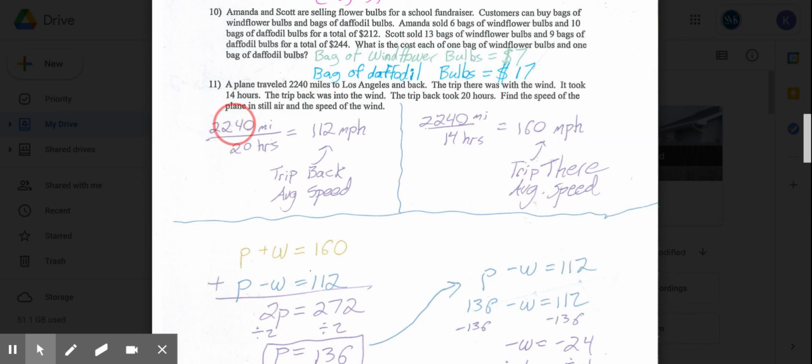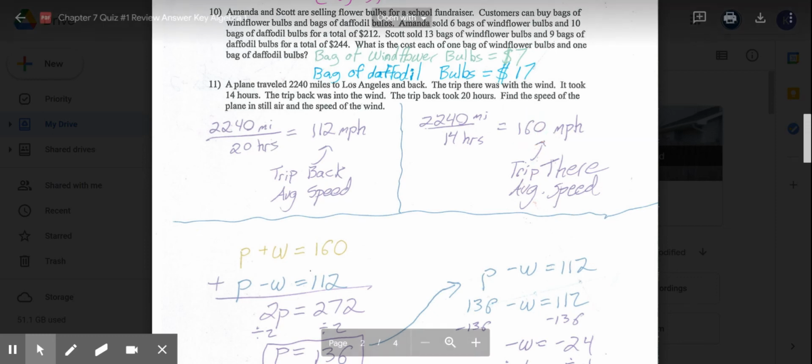So 2,240 miles divided by 20 hours tells me the average speed of the trip back was 112 miles per hour. Our trip there only took 14 hours, so 2,240 miles divided by 14 hours told me my average speed on the trip there was 160 miles per hour.